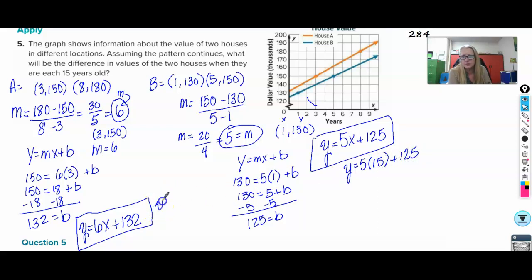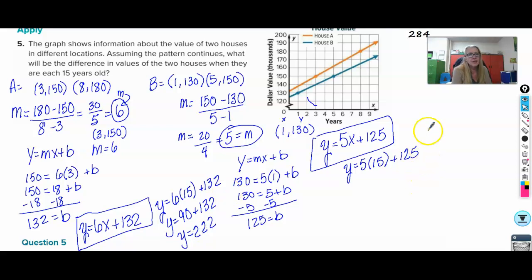And this one is going to be y equals 6 times 15 plus 132. All right. Well, let's see, 2 times 15 is 30, so this would be 90. And if I add 90 to 132, I get 2, 9 plus 3 is 12, carry 1, 222 for that one.